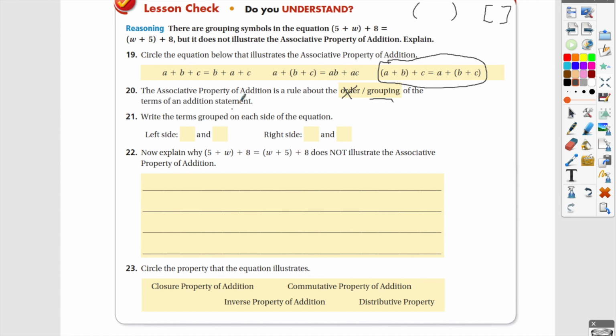Now let's write the terms grouped in each side of the equation. Well, as you can see in the very first set of the equation, you have a 5 and a w. So on the left side, I'm going to write 5 and w. Well, on the right side, we have a w and 5. So the things that are grouped happen to be the exact same. So explain why this does not illustrate the associative property of addition.